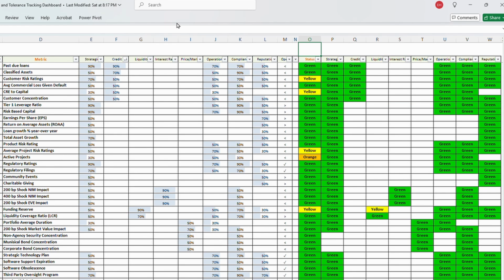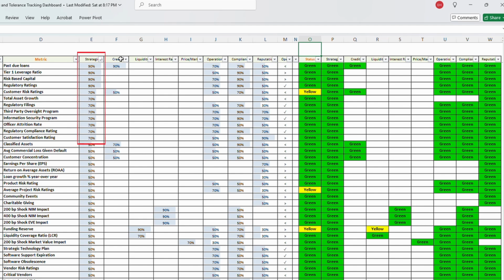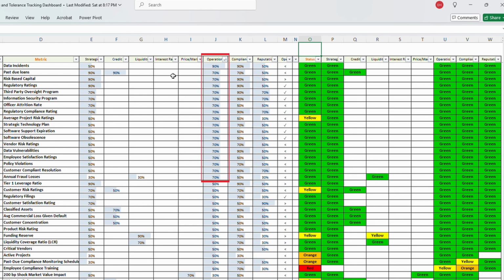Where this particularly comes into play is where metrics may have an impact on strategic risk, and what are those that have the highest impact. Those that might also have an operational risk, and where might be the highest components or the highest impact. And for instance, compliance.